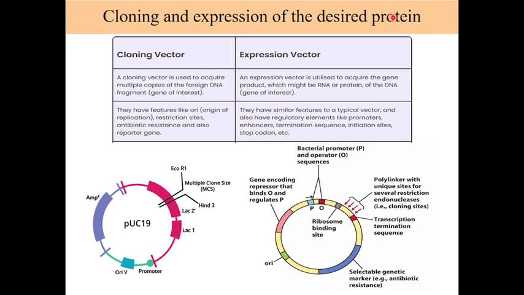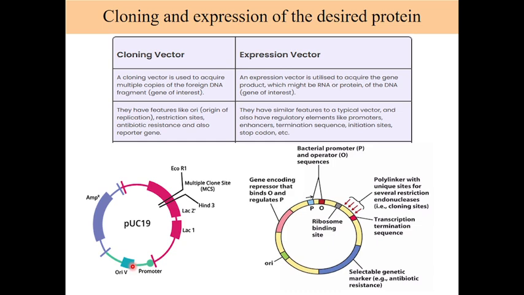A cloning vector contains your gene of interest and it contains the ampicillin resistance or any antibiotic resistance site, so that it can be selected against all other bacteria when we are growing it in a plate containing that specific antibiotic. So this is basically a selection pressure. The third thing that it has is the ORI site, which is the independent replication site. And then there is the multiple cloning site into which you insert your gene of interest.